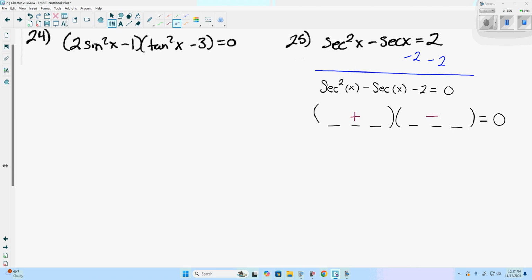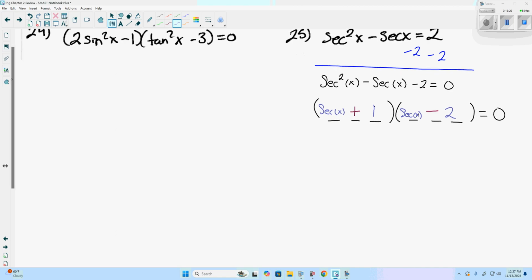Now the factors of the first term, secant squared, are just going to be secant of x and secant of x. Our factors of 2 are, well, 1 and 2. Which one do we want to put first? 1 and 2. And these are indeed the correct factors, because secant times negative 2 plus secant will give us our negative secant of x.